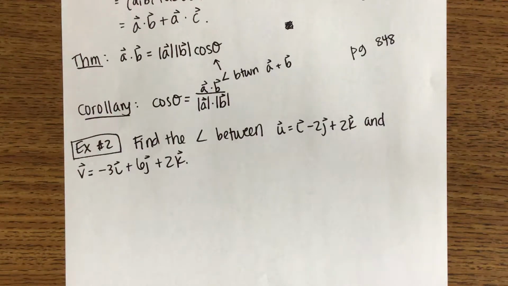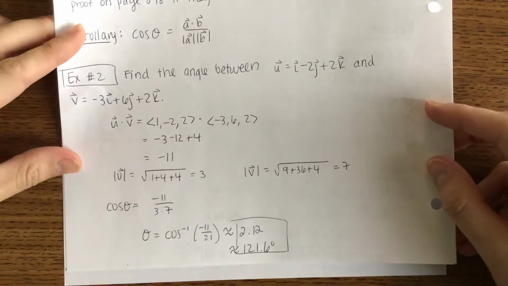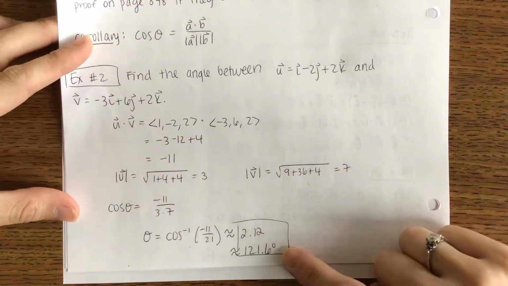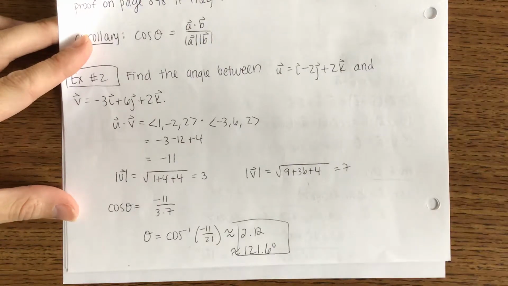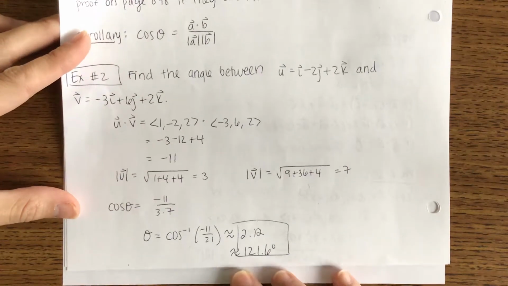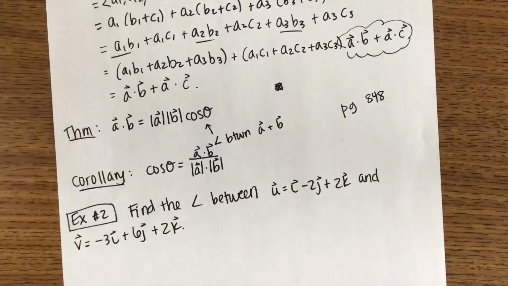Did we get an acute or an obtuse angle? Obtuse. Okay, good, I did as well. Here is my work. So I got 2.12 radians or 121.6 degrees. You guys agree? Okay, can we move on? Did we need to see this still? No. Great.